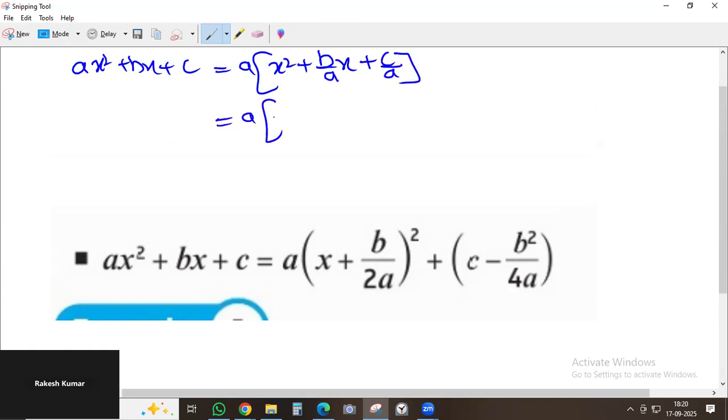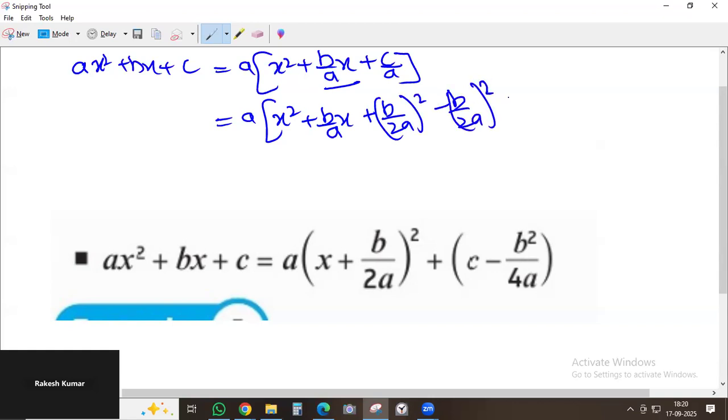We take half of the coefficient of x, so this is b by a x, and then we add the square of half the coefficient and subtract it so that we don't change anything. And then these three are nothing but a times x plus b by 2a whole square.